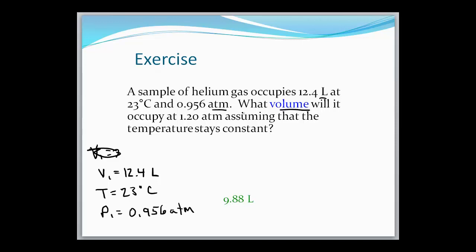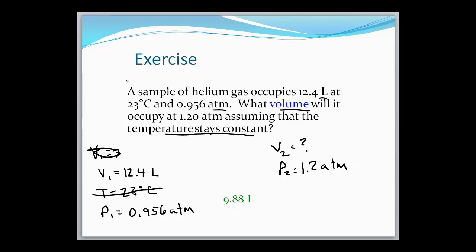What volume will it occupy? In other words, I'm trying to find the second volume, so I'm going to put a question mark there, at 1.2 atmospheres, so that's my new pressure, as the temperature stays constant. So my temperature is not changing, so I'm just going to cross that out.